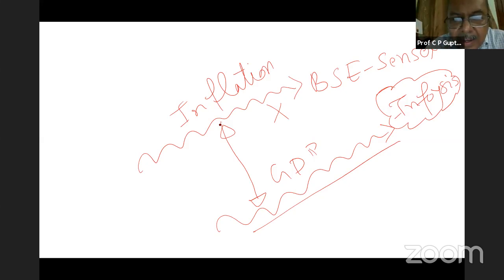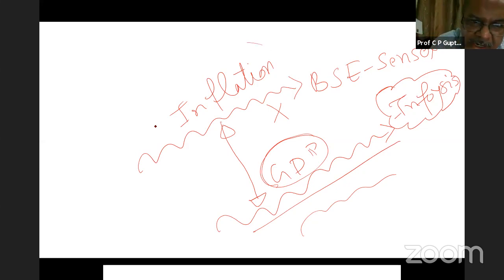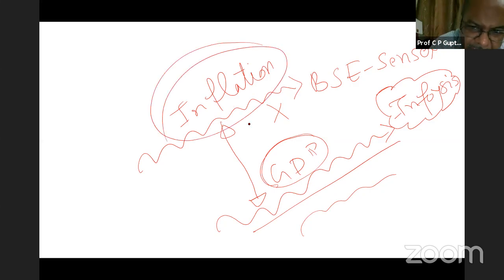Another thing is, say, I want to predict the GDP of a particular country. So one option is I take the GDP series and predict. Then I get inflation data. Can I use this inflation data to get a better prediction of GDP? You may say yes. If it is so, then you have a motivation for going for multivariate or multiple time series data rather than univariate time series data.